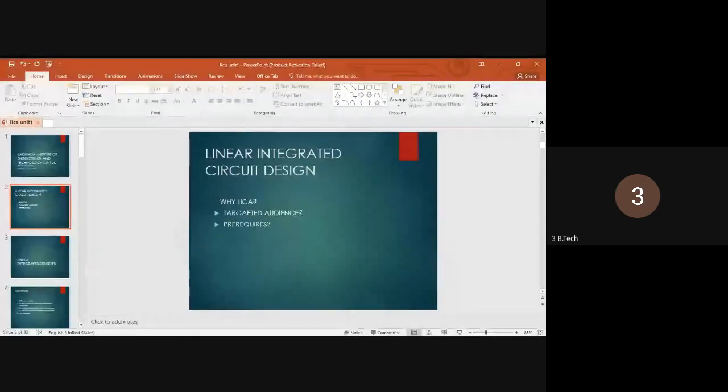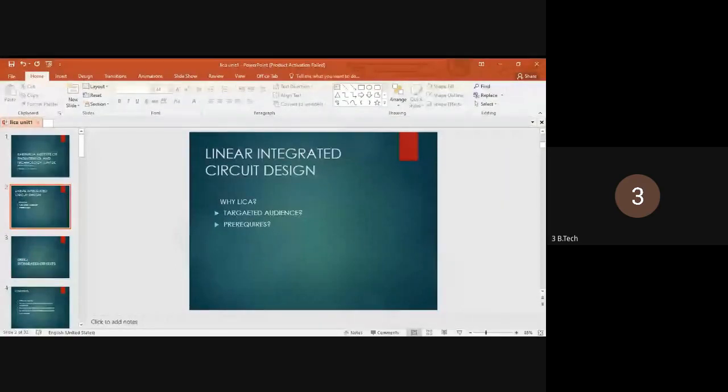The working of BJTs and FETs is quite opposite. A BJT, bipolar junction transistor, is a current controlled current source, whereas a FET is a voltage controlled current source. Even though both are current sources, FET is controlled by voltage, whereas BJT is controlled by current.